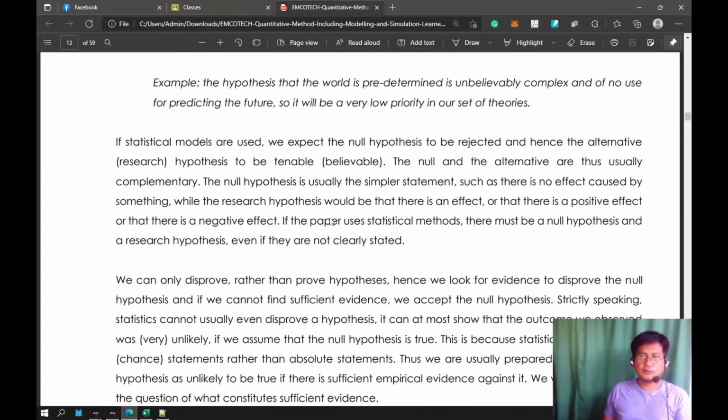So what's the point of predicting the future, and it is unbelievably complex.